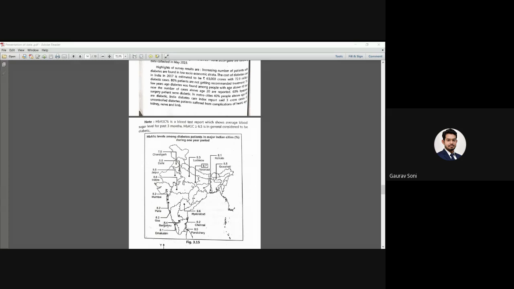So proportionate to these numbers, we'll get the diabetic patients in the particular cities, and calculating that, they may have got this number 72.9 million. Fine, we'll go ahead.